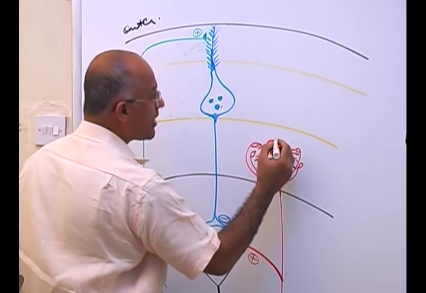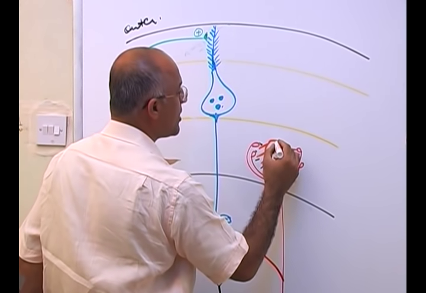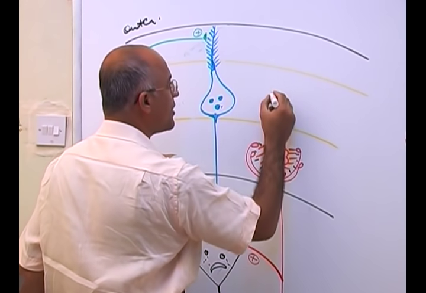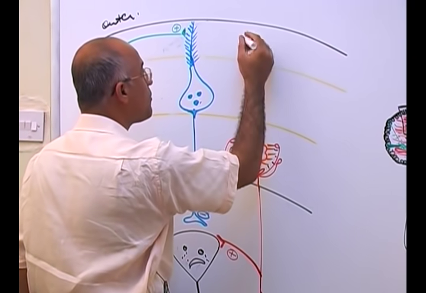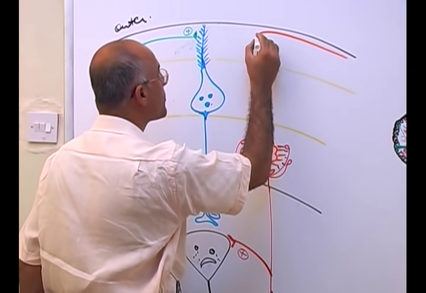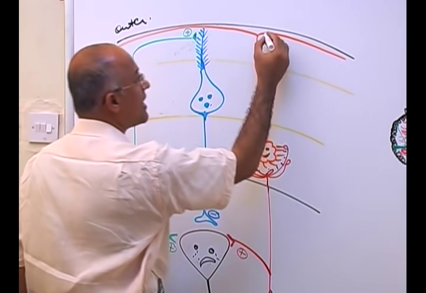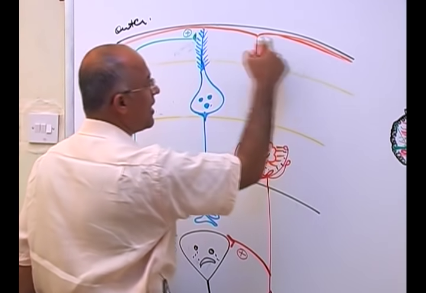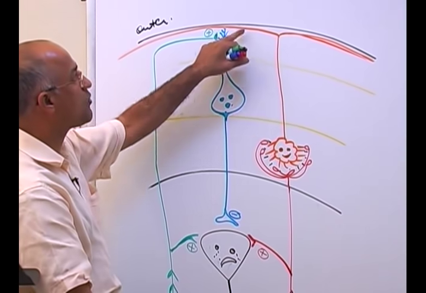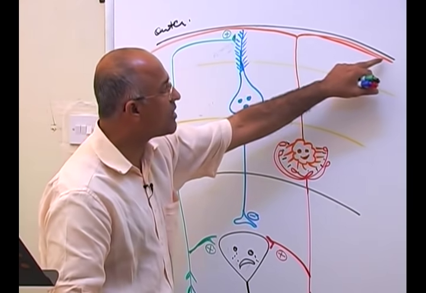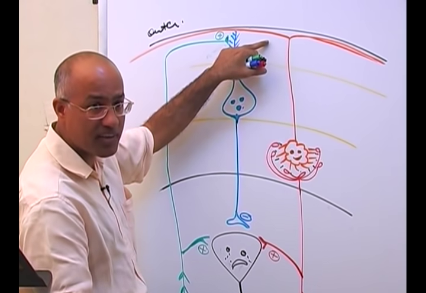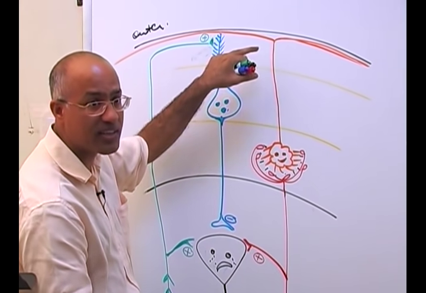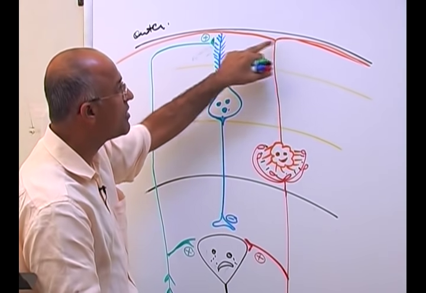Then these granular cells, their axon will go upward up to the outer layer and there they will bifurcate into two. And then they will run parallel to the folia or the foldings, right, in the white matter of the cortex. Cortex is mainly gray, but it does have some white matter mixed with it. Their white matter is coming from these fibers.